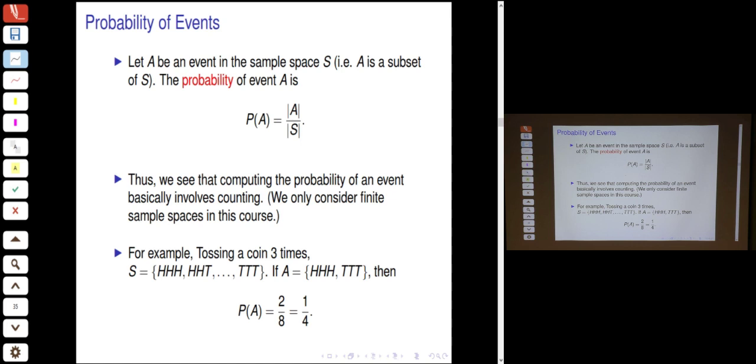So it's 8. Right? Now, suppose the event is all 3 have the same results. So this event is HHH or TTT. Now the probability of that event is just the size of A divided by the size of the sample space, which is 1/4.